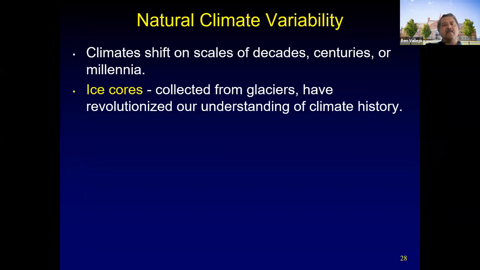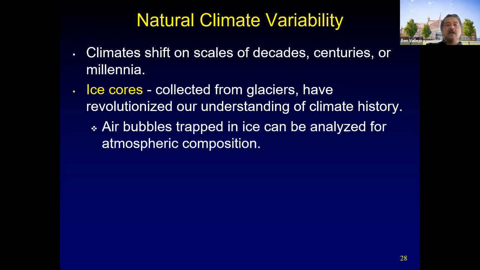All right, so remember with climate variability, there is a natural climate variability, an expectation. And we know that because we have taken ice cores from glaciers, and those seem to be remarkably consistent records of weather patterns, of climate patterns over the years.